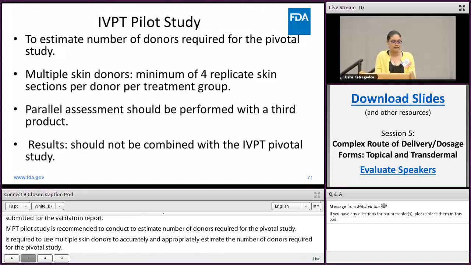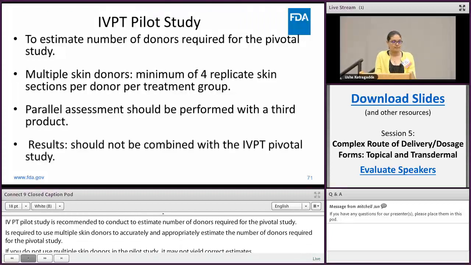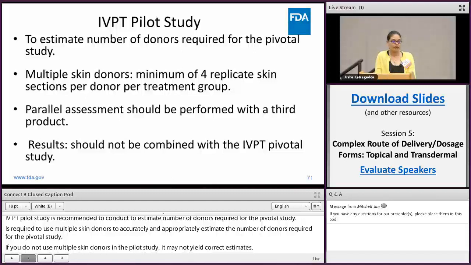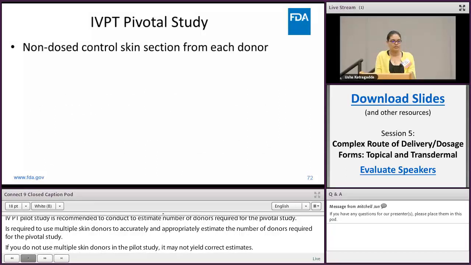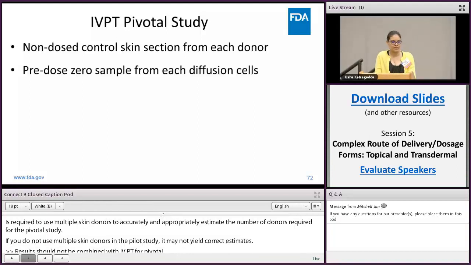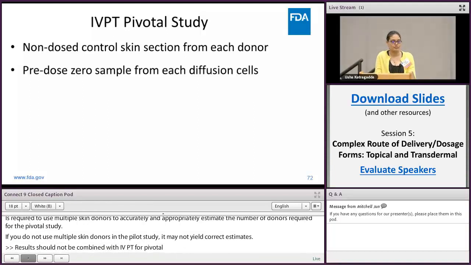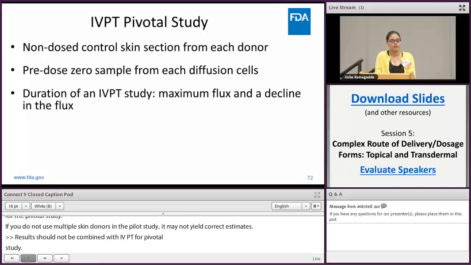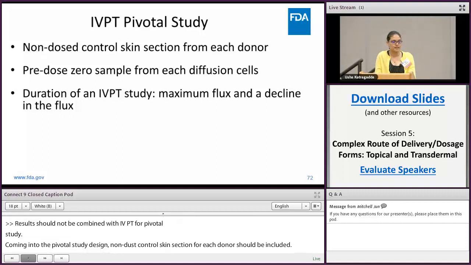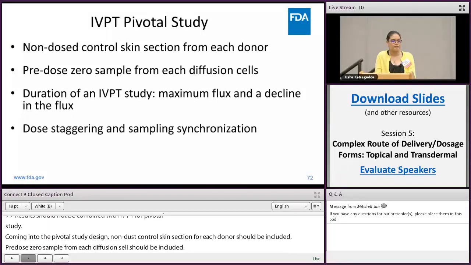Parallel assessment should be performed with a third product, and results should not be combined with the IVPT pivotal study. Coming to the pivotal study design, a non-dosed control skin section from each donor should be included. A pre-dose zero sample from each diffusion cell should be included. Duration of an IVPT study should specify maximum flux and a decline in the flux.